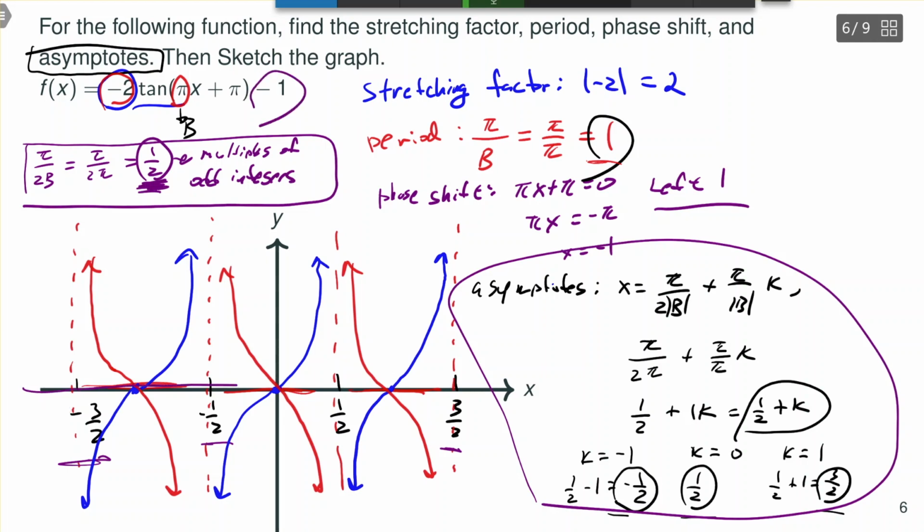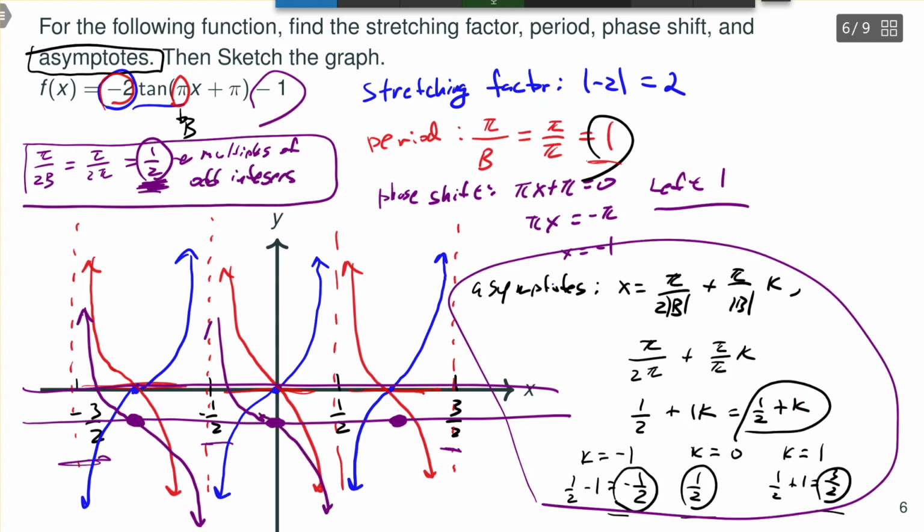So now the midline is -1. The midpoint, the starting point, will come here. And from here, we draw the same shape, shifting down. Think of it as shifting this entire red graph down 1.